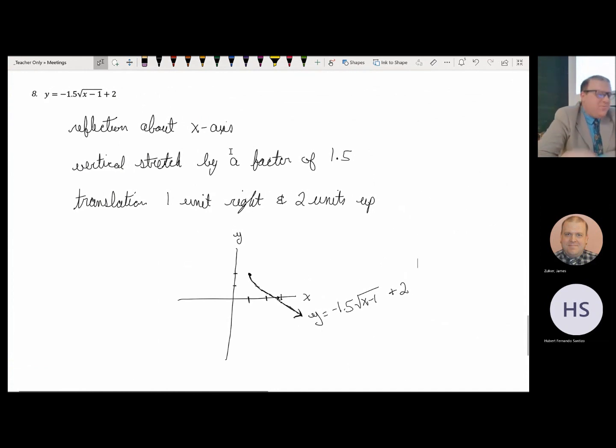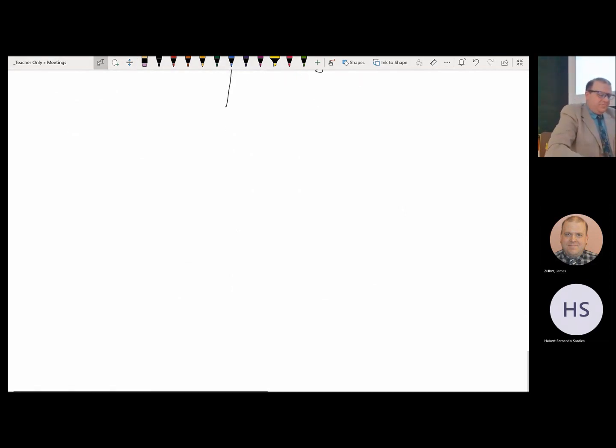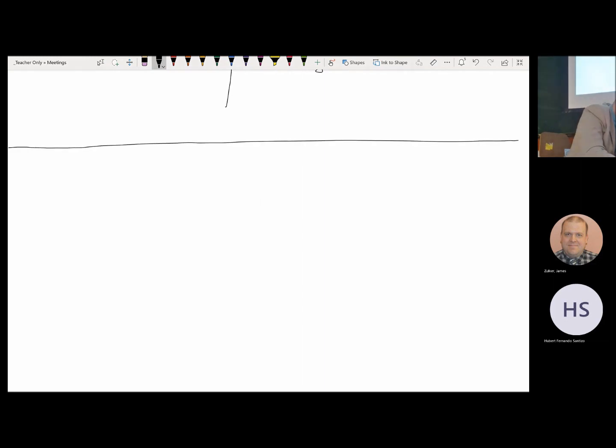Suppose I could look at some absolute values. Absolute value function, right? So you're all familiar with what an absolute value does. It measures, essentially, if you're looking at it graphically, it measures distance.